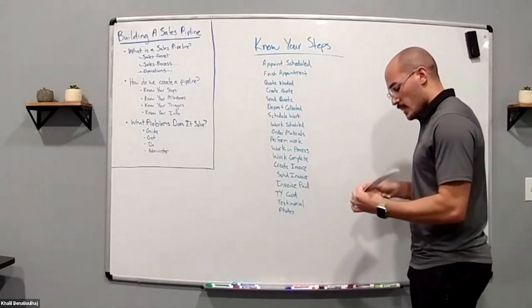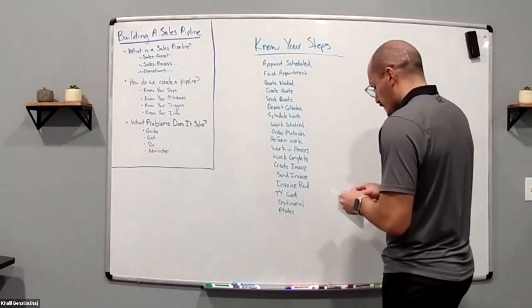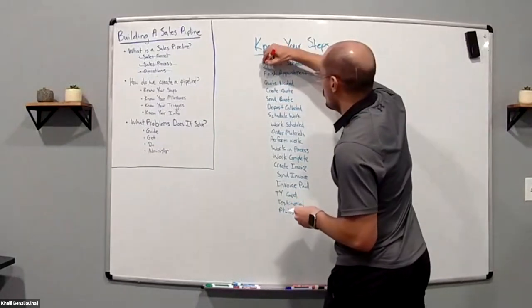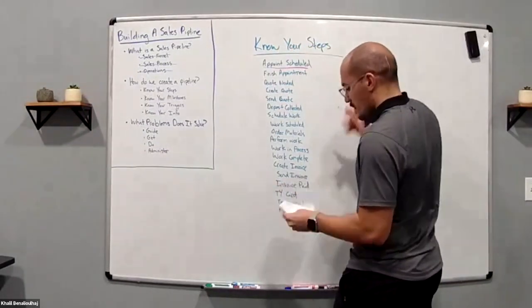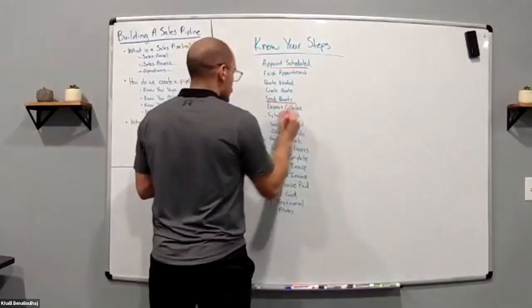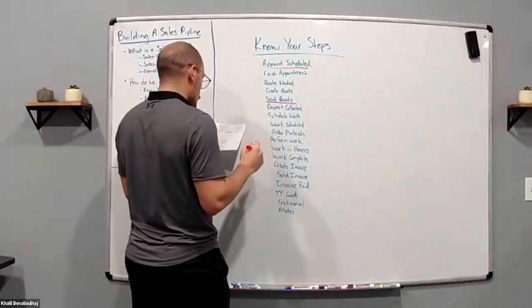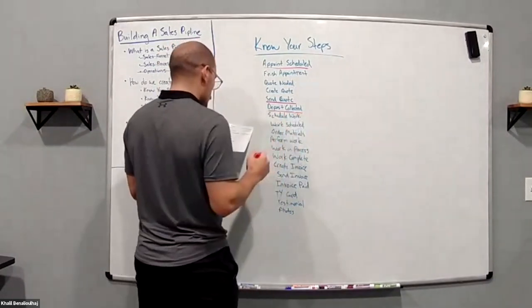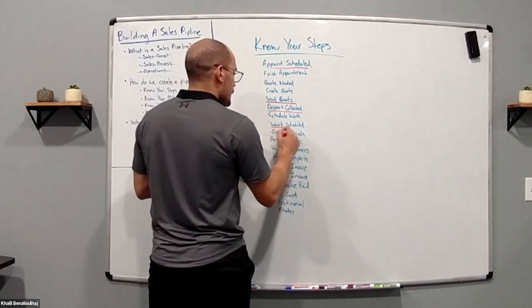So some really clear milestones that we have are the appointment scheduled, okay? And then when the quote is sent, so the quote is sent, then your deposit collected, right? The work is scheduled.